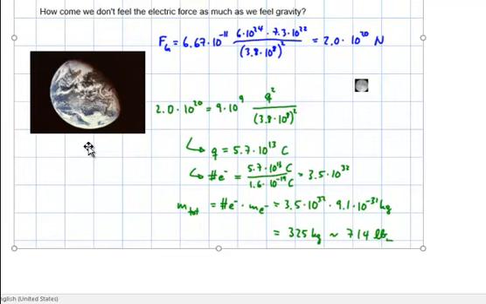And now the attraction between the two is exactly the same as gravitation. And that is how strong the Coulomb force is. Just a small amount of electrons, 700 pounds. It's not that much. But that is enough, if it's pure electrons, to be attracted by the positive charges that are left behind on Earth. Okay, and I think I'm finally done with this problem.